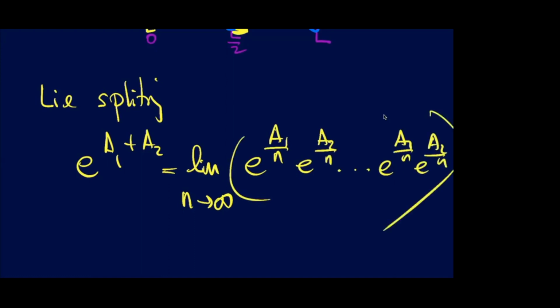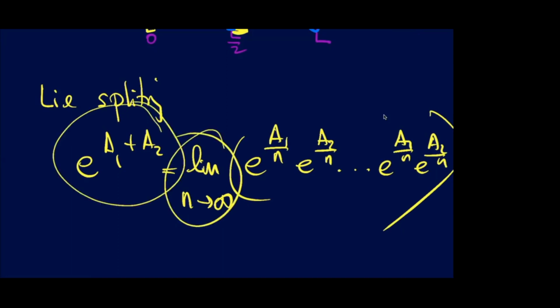Meaning that indeed, you cannot say that exponential of A1 plus A2 is just the product of exponential A1 and exponential A2, but if you carry it in pieces and you alternate, you split and you alternate, then asymptotically, as n goes to infinity, you will see the superposition effect.